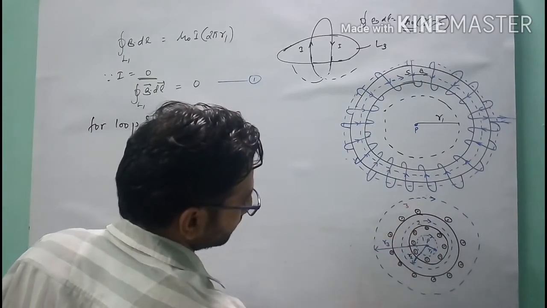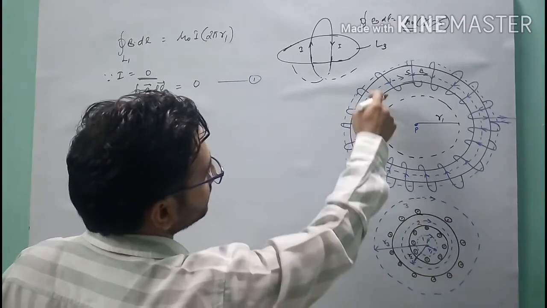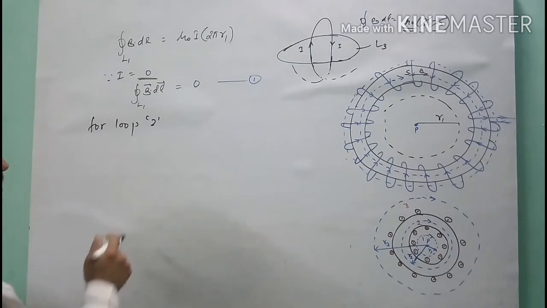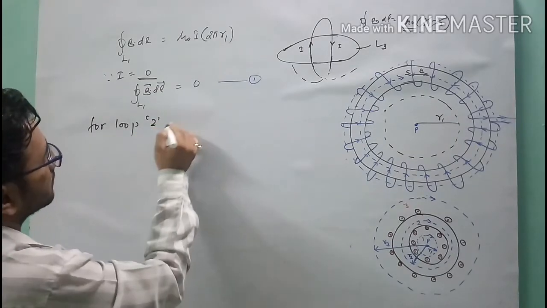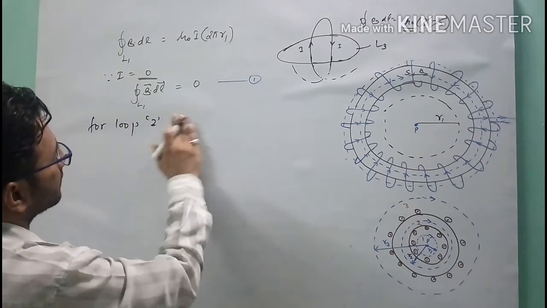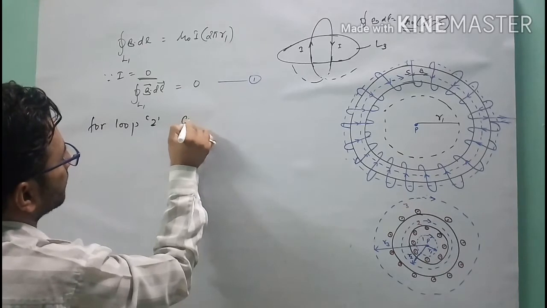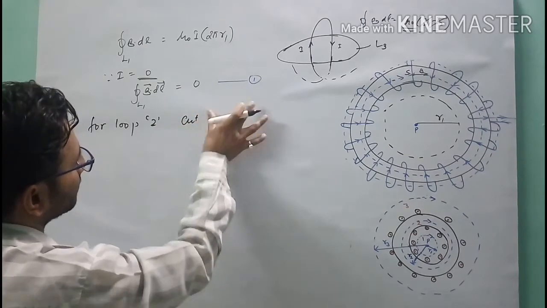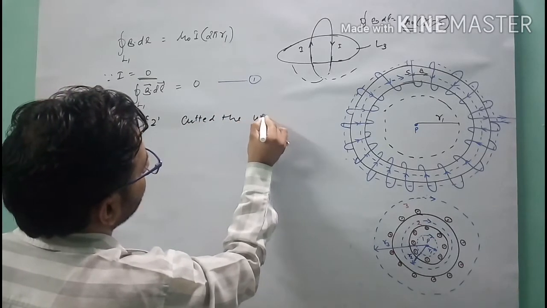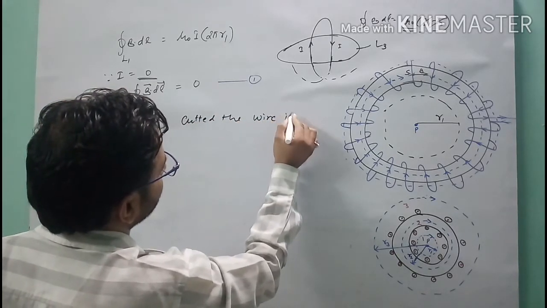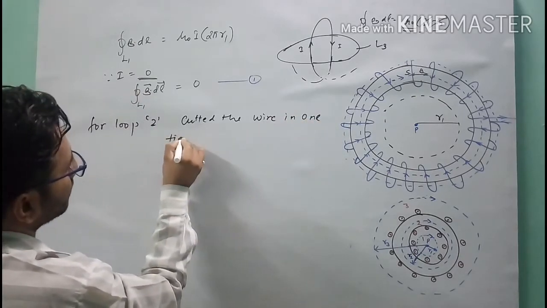The loop second will cut this current carrying wire at once, in one time.